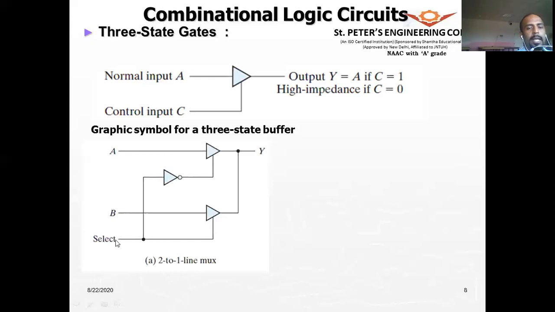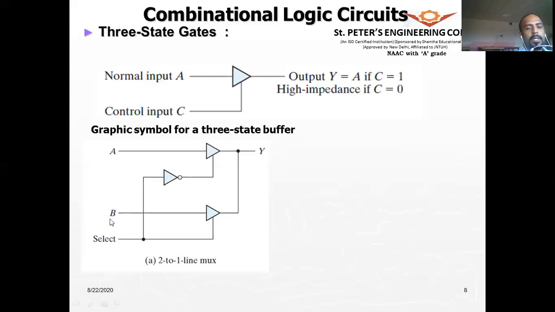So when select is 0, what happens? When select is 0, the complement of that, that is the NOT gate of that, will be 1. So A is made to be available at Y. What about B?